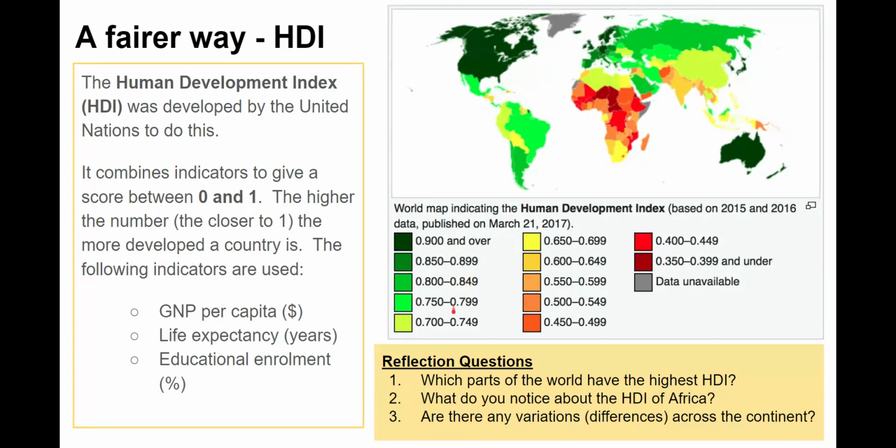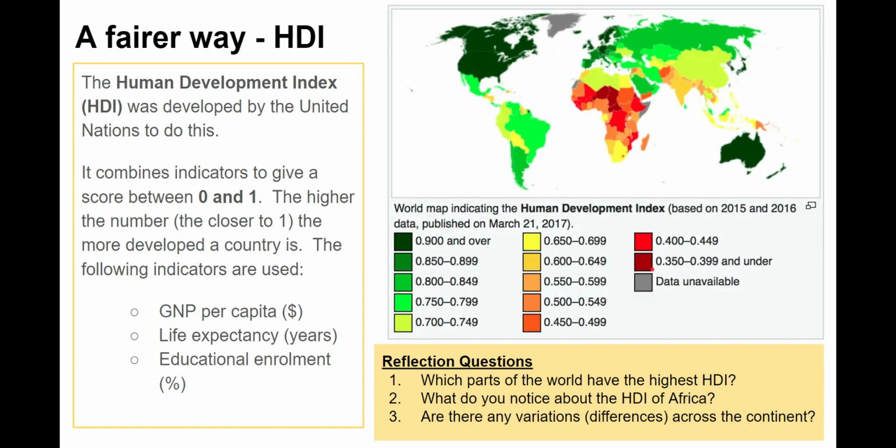And then we go down green through yellow, through orange, and down to red, and this dark red colour, which is our lowest HDI scores, between 0.35 and 0.399 and under. So our lowest scores are over here in this red colour.